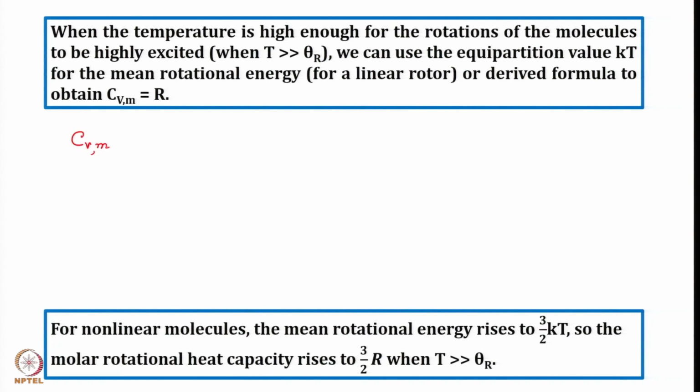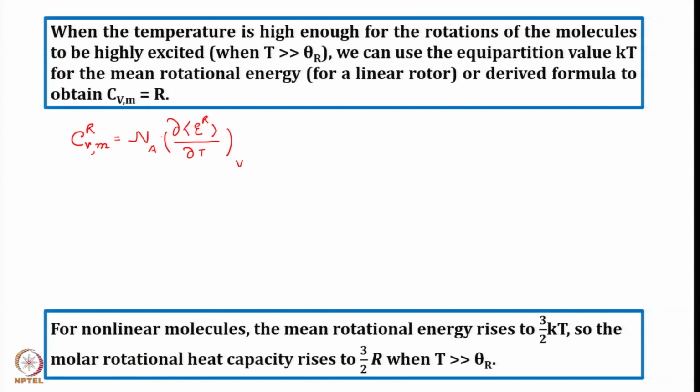CVM is equal to Na del E, I will put R here because we are talking about rotational contribution, at constant volume. So, therefore, I need the expression for the mean rotational energy.